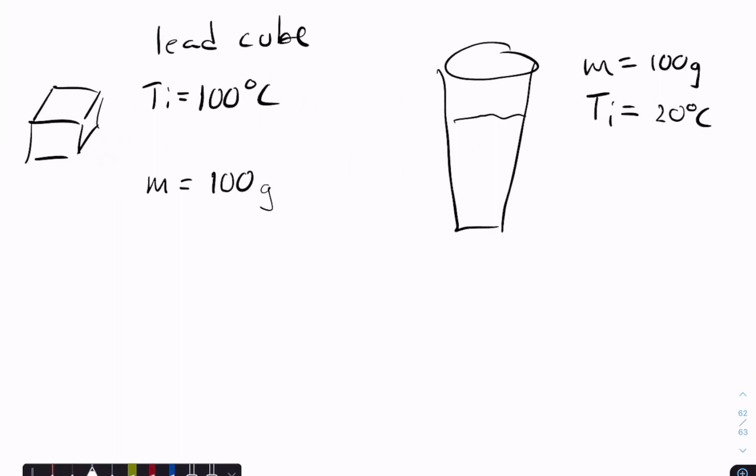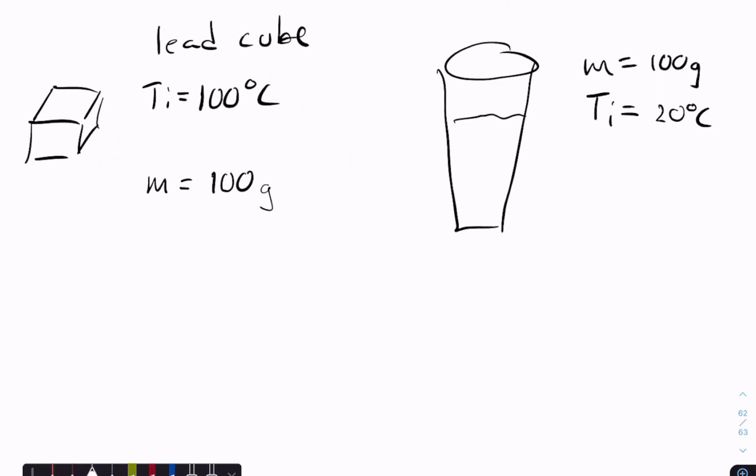It's going to rise in temperature. By how much? Not by 100 C, but by how much energy the lead cube has and how much it dumps into the water.